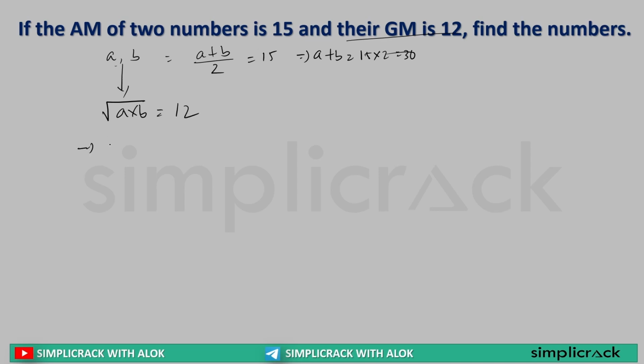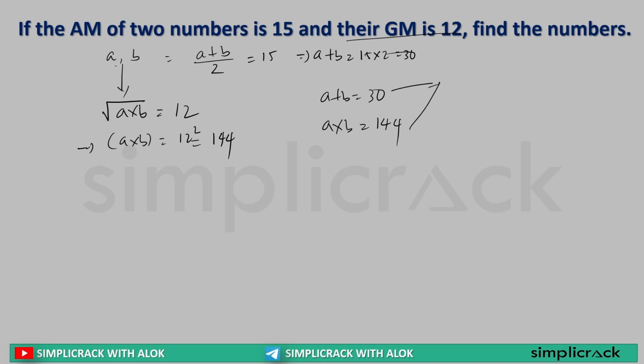If I square both sides, I will get A into B equal to 12 square, which is 144. Yes or no? Yes, sir. Now the two numbers satisfy A plus B equal to 30, and A into B equal to 144. Yes or no? Yes, sir. Now understand this.